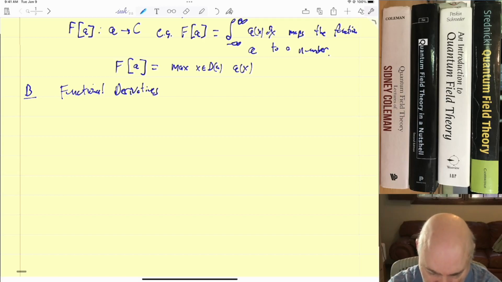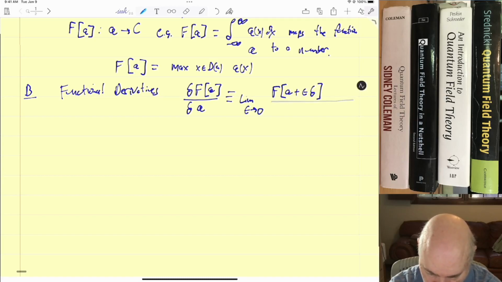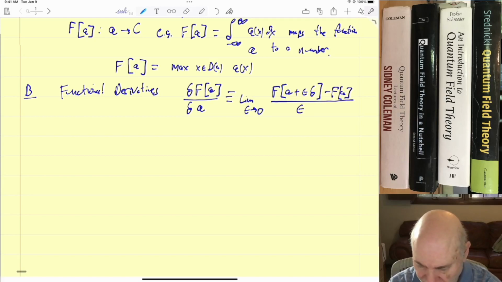But the definition that Hatfield gives, he says del f of a with respect to a, and he defines this as the limit as epsilon goes to 0 of f of a plus epsilon delta minus f of a, divided by epsilon.